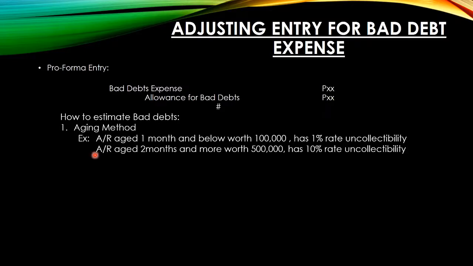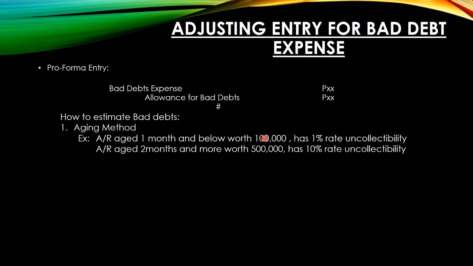Another age group for the accounts receivable is 2 months and more, which is worth 500,000 pesos and has a 10% rate of uncollectibility. So when you estimate, okay, you compute this one. So how should we compute this one?